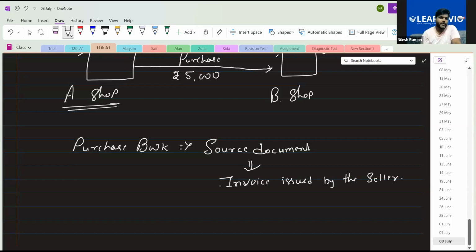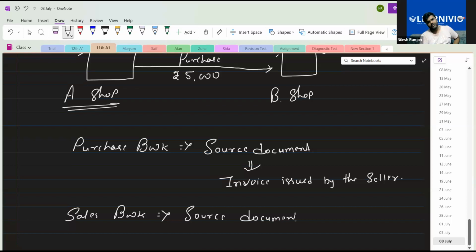Okay. If we are preparing sales book, it means that we have to record all the credit sales we have done. In that case, the source document will be the invoice, and this invoice will be issued by us because we are the seller here.